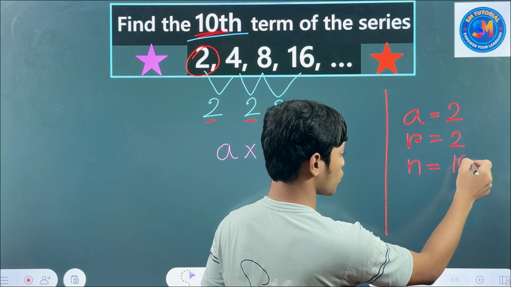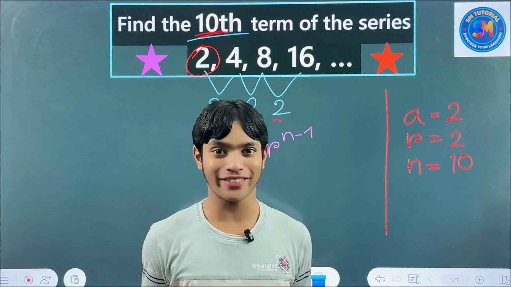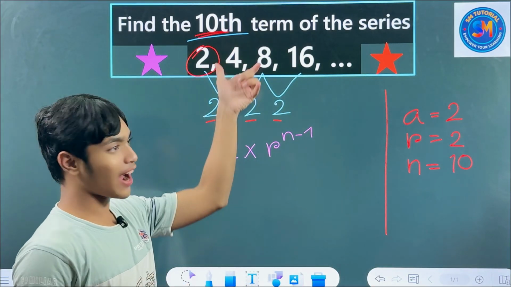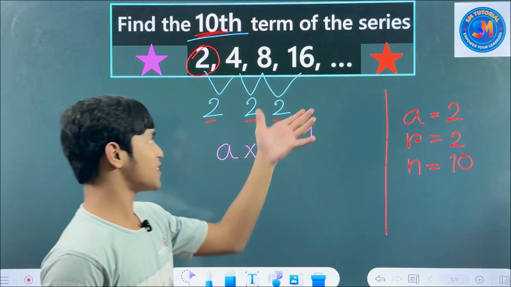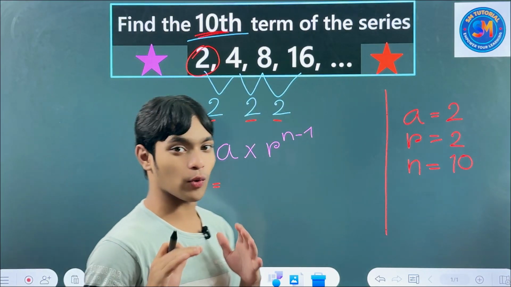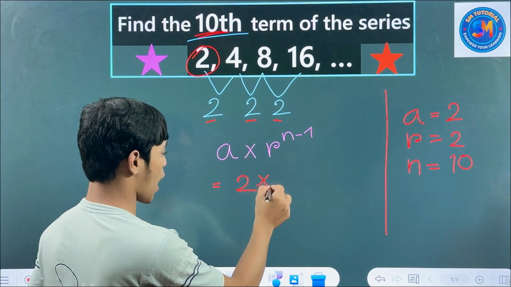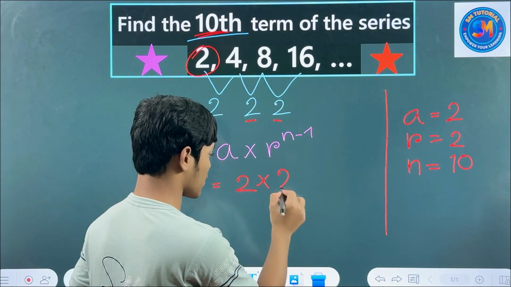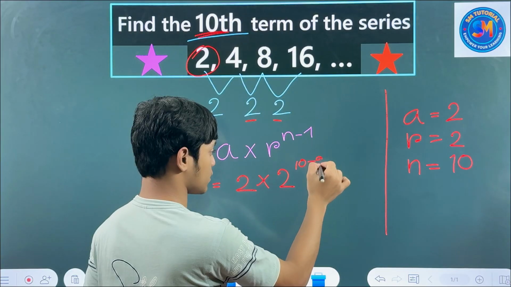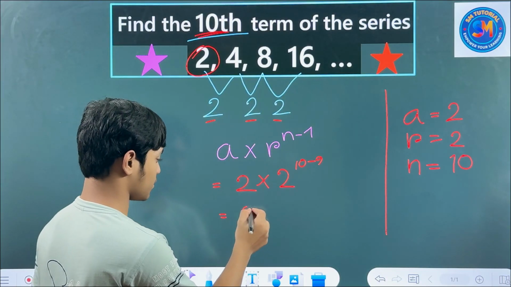N equals 10. In my previous video I used 100 for the arithmetic series, and that was okay. But if you set 100 terms in this sequence, can you imagine? Just put in the values: 2 times r, which is 2, to the power n minus 1, 10 minus 1, which is 9.